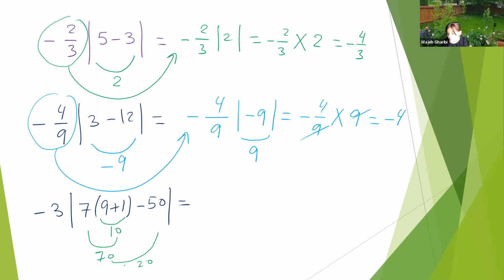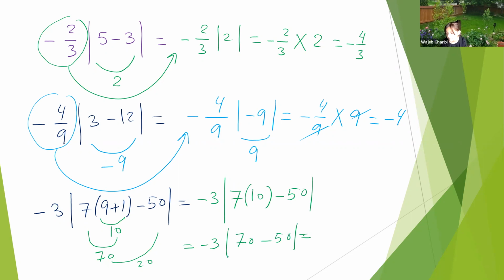And then 20 times negative 3. So we keep negative 3 here, then 7 times the parentheses, 9 plus 1 is 10, then minus 50. Equals negative 3 times the absolute value of 7 times 10, 70, minus 50.